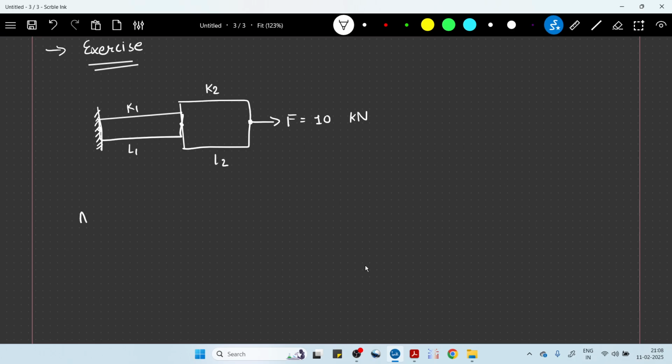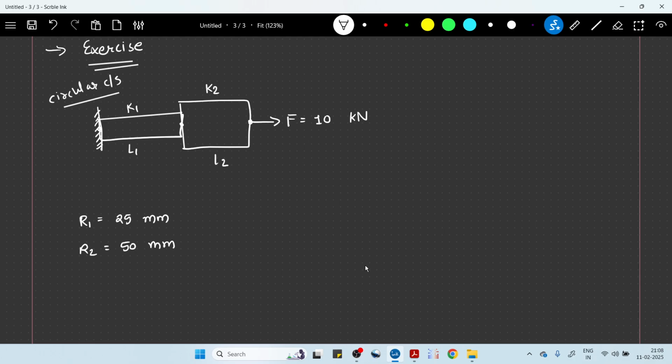So I'll give you the values and you can get K1. I'll give you R1, the radius, so you can get A1. Let's say this is a circular cross section. R1 is 25 mm, and let's say R2 is 50 mm.